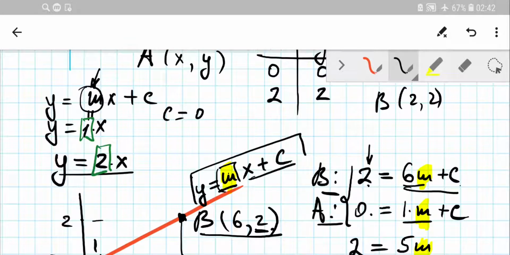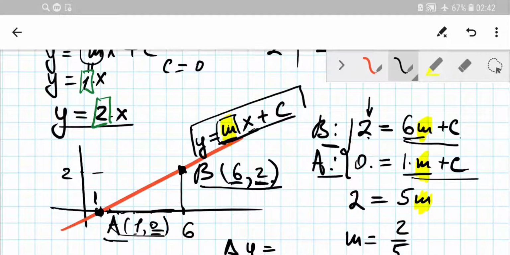On the right side, because c was eliminated, we subtracted 6m minus 1m, but what actually stays behind in the general way? There is mx, and m times the x of the first coordinate, B, which is 6. We subtracted m times the second coordinate.